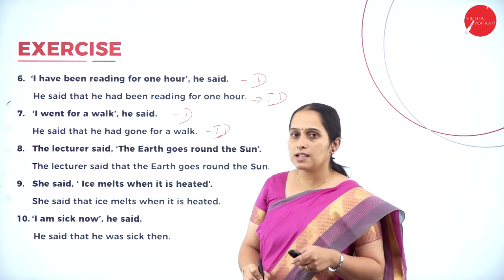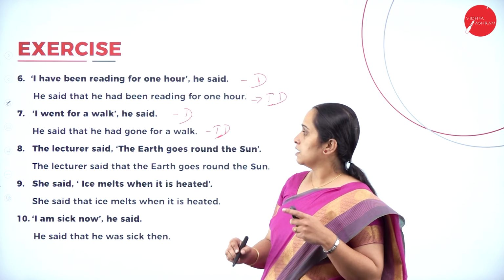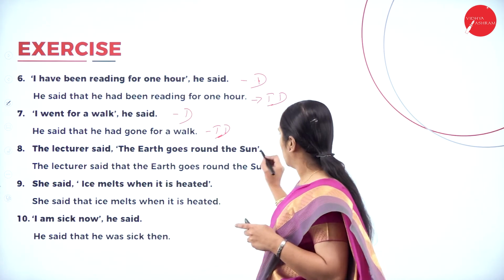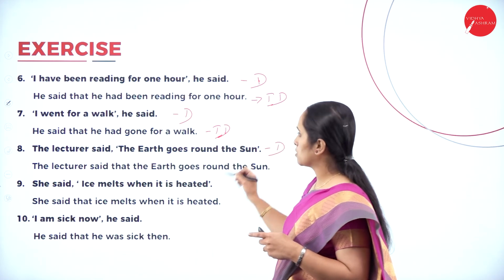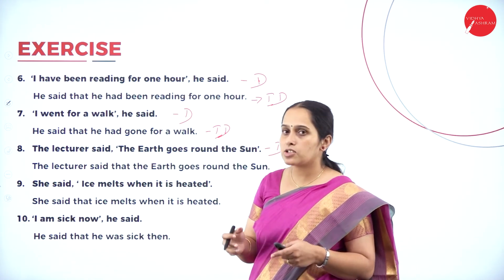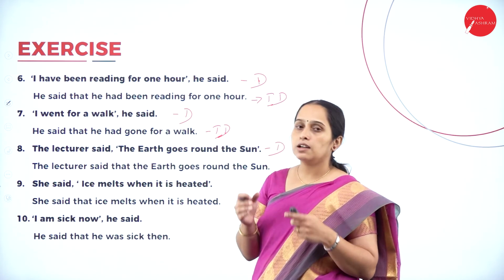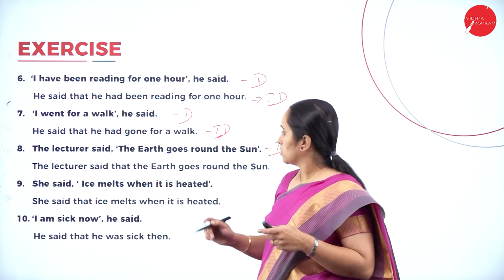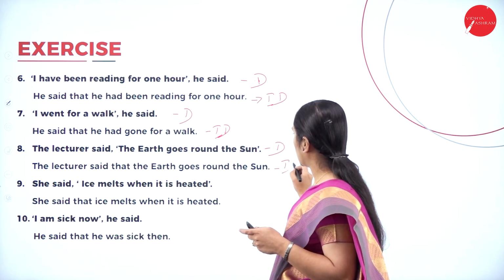Next, the lecturer said, "The earth goes round the sun." So, it's direct speech. When we change that into indirect speech, it's like this: The lecturer said that the earth goes round the sun. Okay, this is indirect speech.